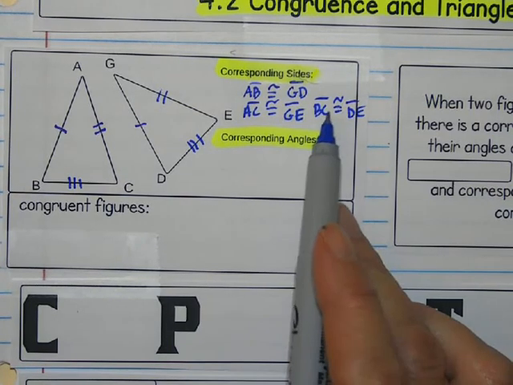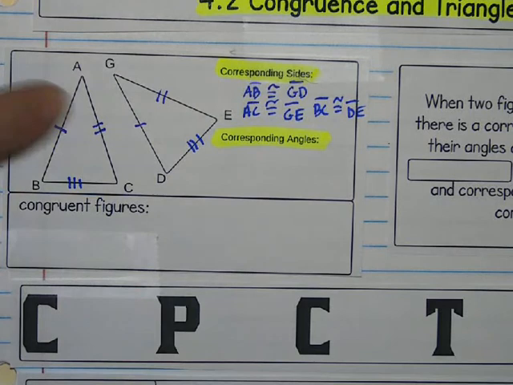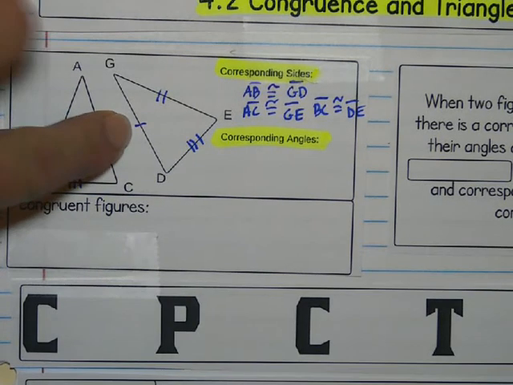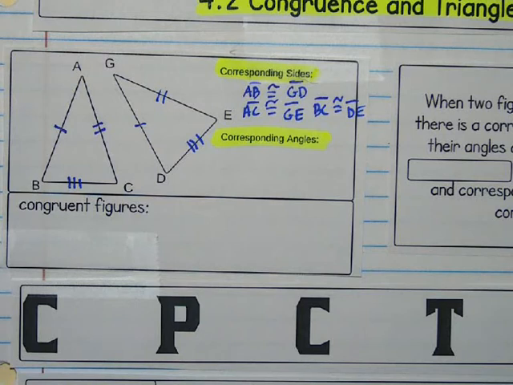The reason they're corresponding is because this side goes with this one, and this side goes with this one. That's just like corresponding angles on parallel lines; we have corresponding sides. Sides that go together, sides that are a pair, they're a match.